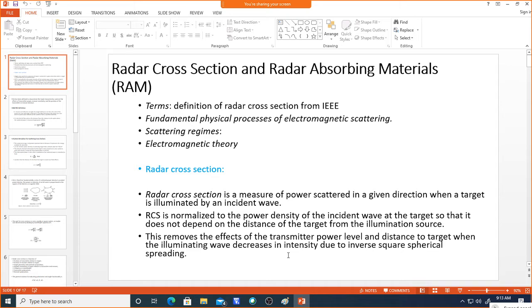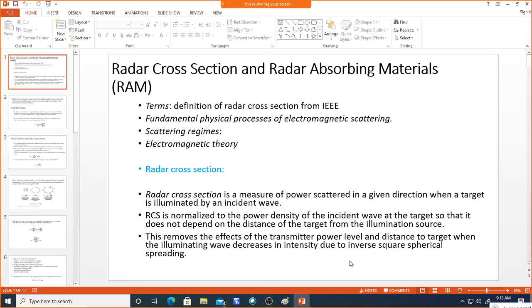With the square of the spherical spreading, spherical means that when you transmit power in space, it spreads out with respect to angular coordinates. It spreads inversely, and it is an inverse square of the spherical spreading.